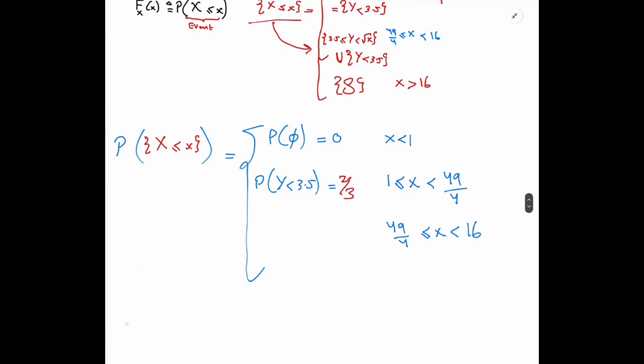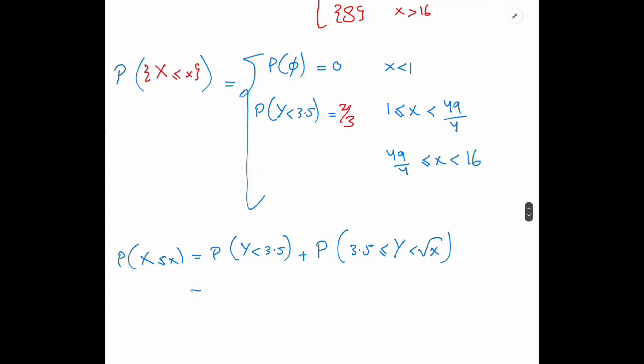The probability in this case is equal to the probability that Y is less than 3.5 plus the probability that Y is between 3.5 and root x.